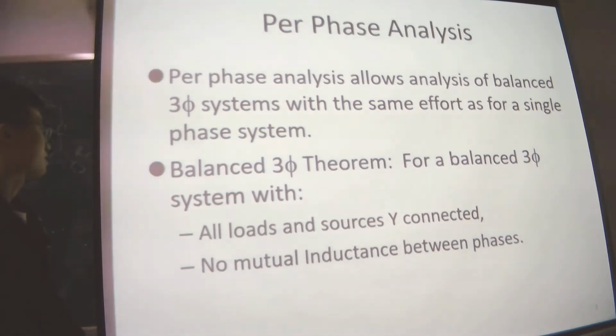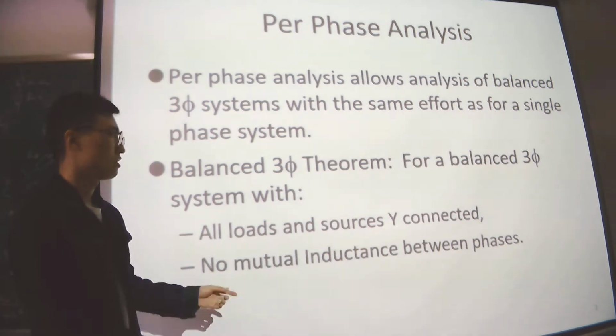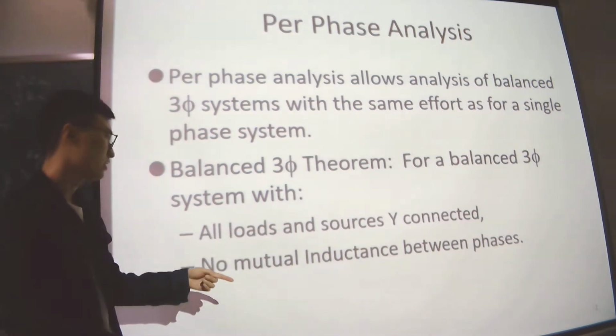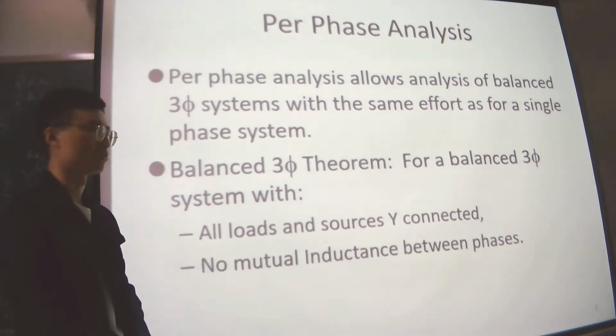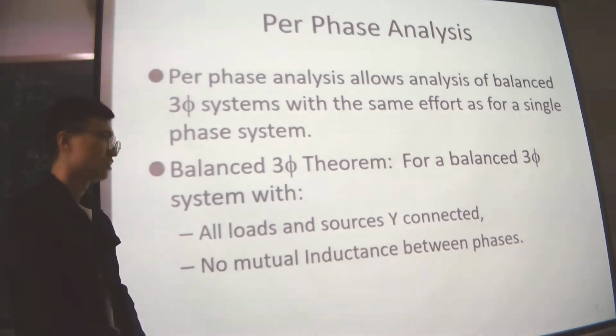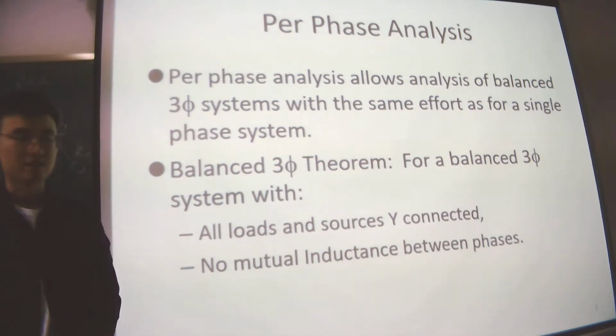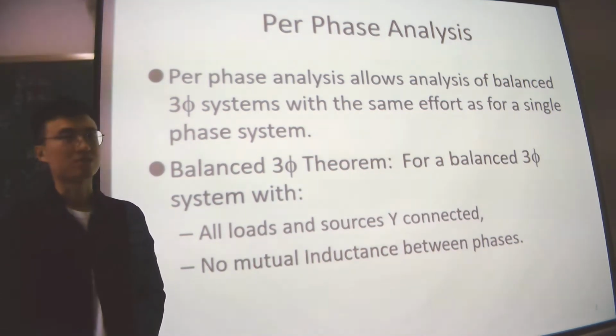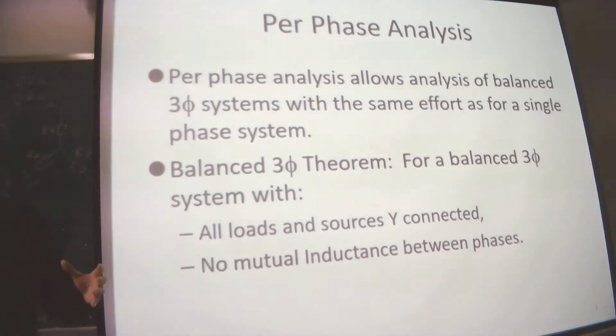So for the balanced three-phase systems, this is the base assumption for this analysis. All the nodes are Y connected and there is no mutual inductance between two phases. Maybe in the next class we will learn something about the transformer, the magnetic field.